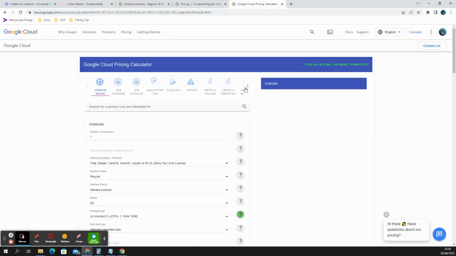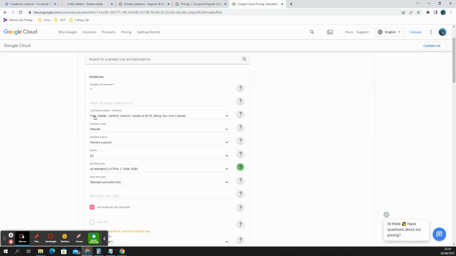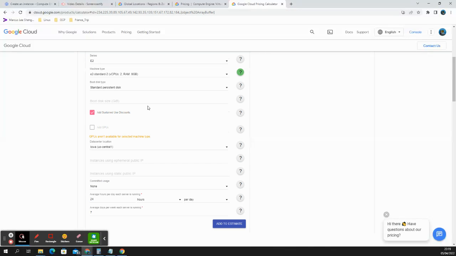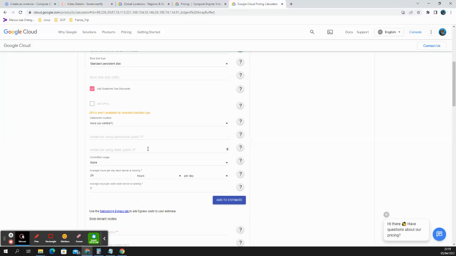At the top here, you've got all the Google products and services. For us, again, we're going to go Compute Engine, one instance, and I'm going to go for the free Debian Linux machine. Again, E2 standard, two CPUs, 8 gig of RAM. I do not need any public IP address for it.